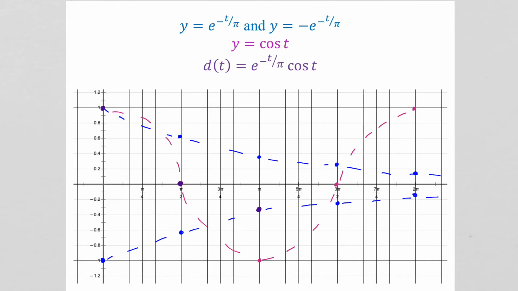That's down here on that point. And then 3 pi over 2 is back at 0. And then at 2 pi, we're at positive 0.14. So let's see if I can draw this.